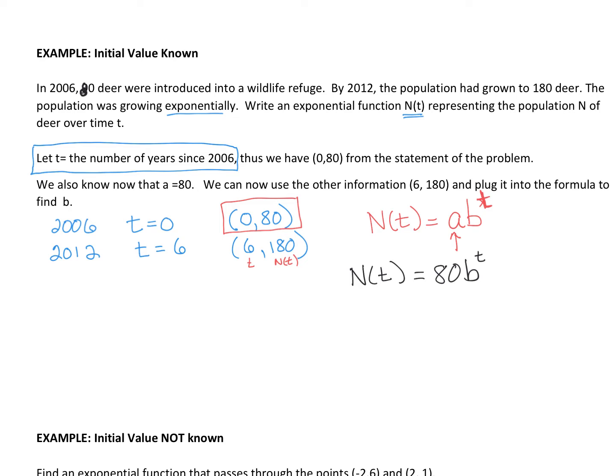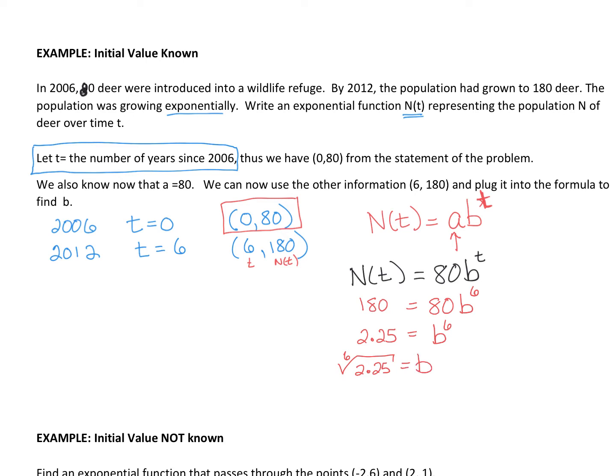For our N of t, we will put 180 equals 80 b, and then for our t, we'll put in 6. Dividing by 80, we will get 2.25 equals b to the 6th. And then we will take the 6th root of each side.